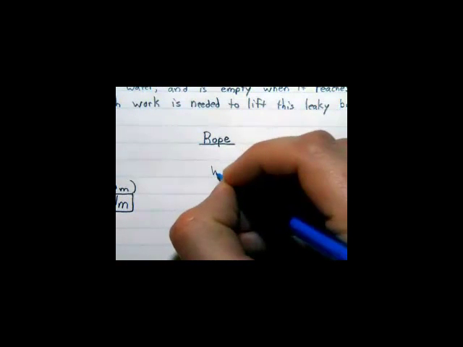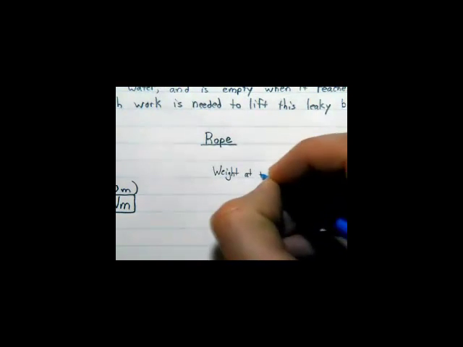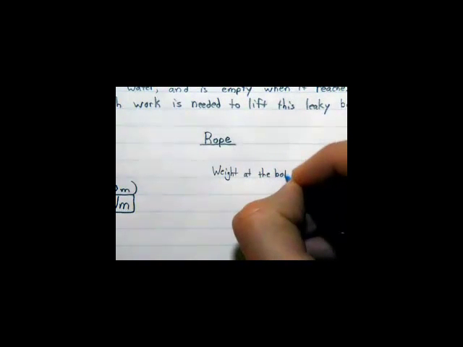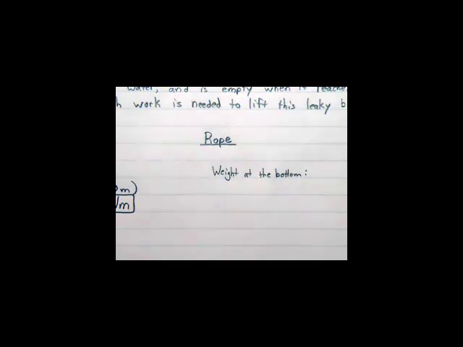Okay? So let's think of it like this. So weight at the bottom. How much does this rope weigh when it's all the way uncoiled? So take a look at what we have written for the information about the rope. And if it's all the way at the bottom, we've got 20 meters of rope.